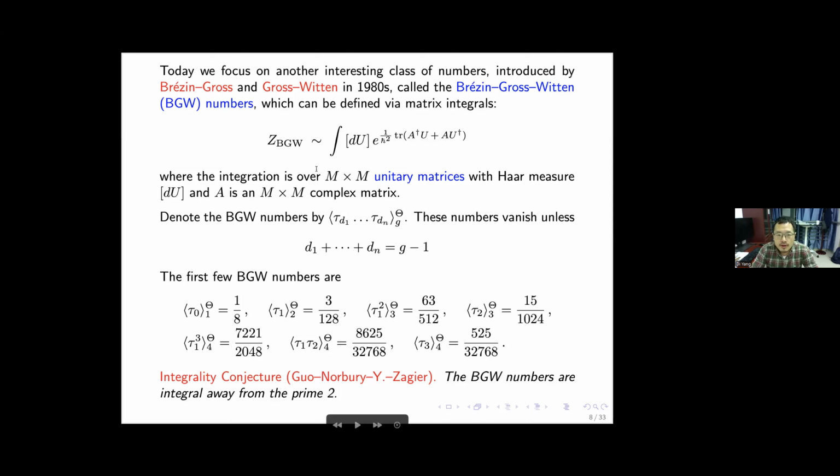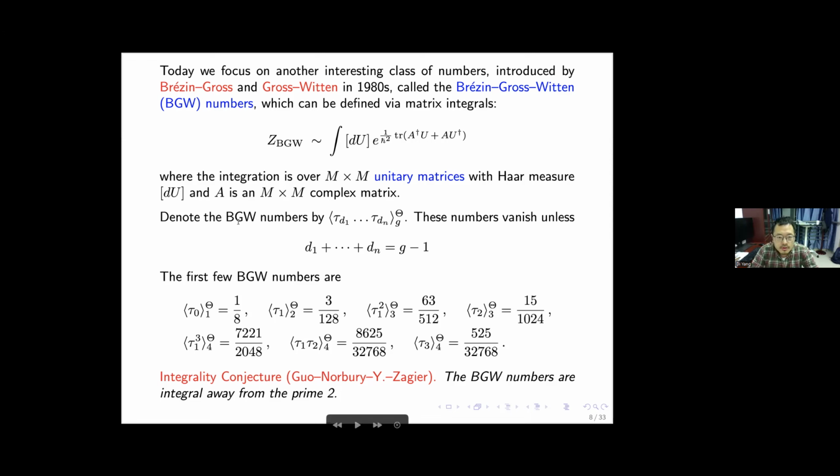Originally, the partition function is defined via matrix integrals. Here the integration is over unitary matrices, and A is a complex m by m matrix. So we denote the numbers, which are Taylor coefficients of the log of this partition function with respect to some variables.